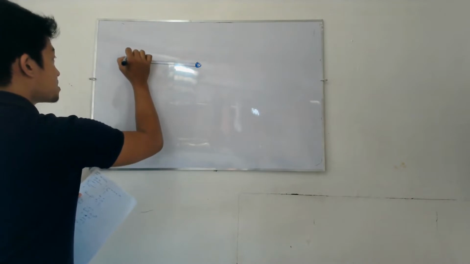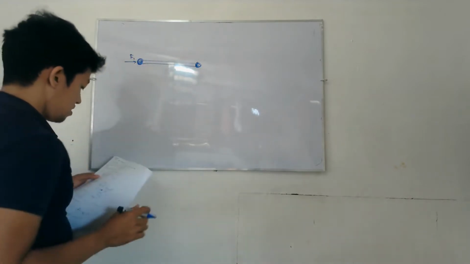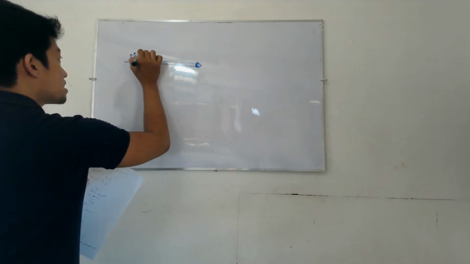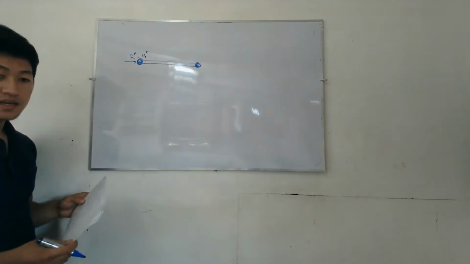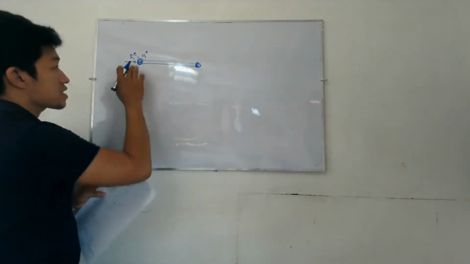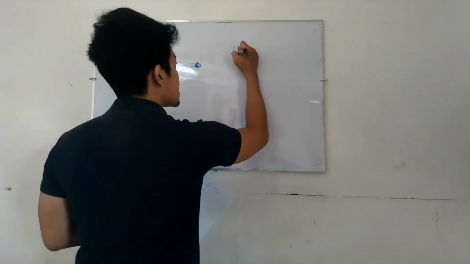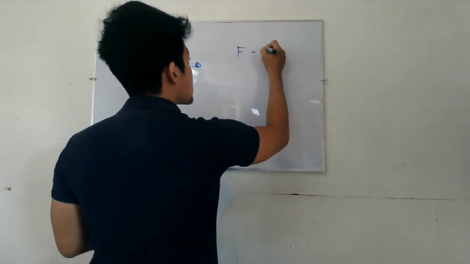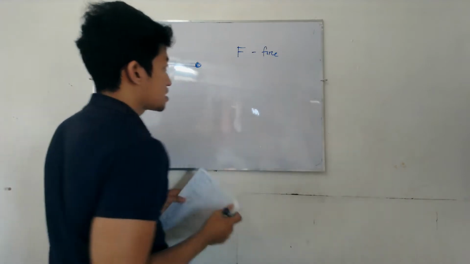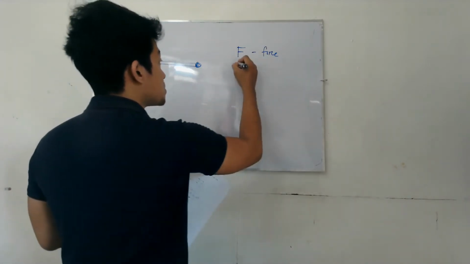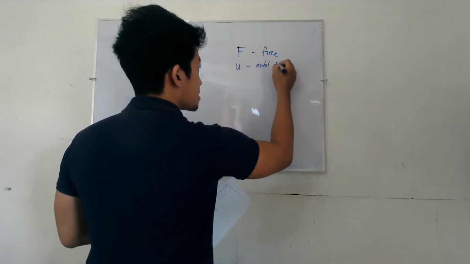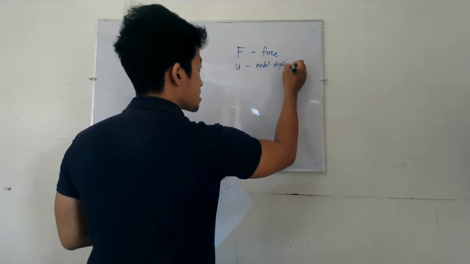For this example, this is acted on by force F1 and displacement U1. Okay? Now take note, this F is force. The U is the nodal displacement.